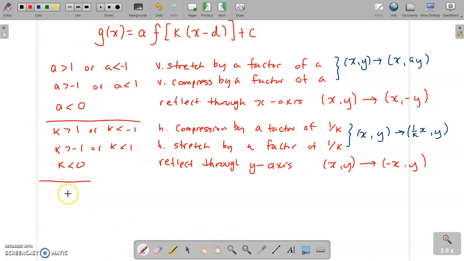Now for the d value, when d is less than 0, then the x value shifts left d units.